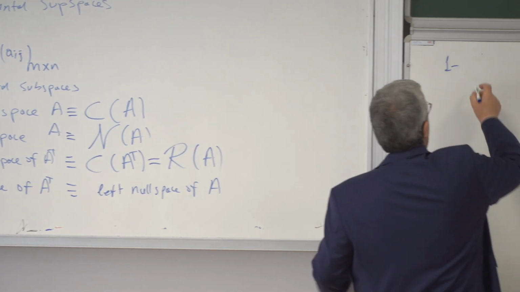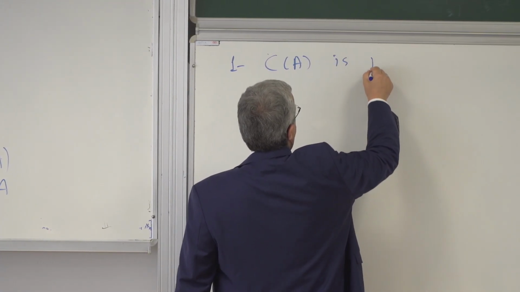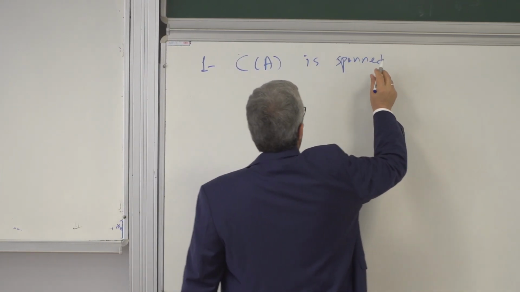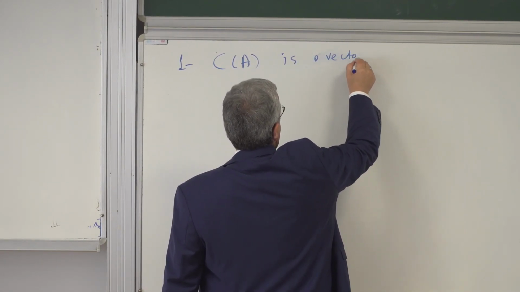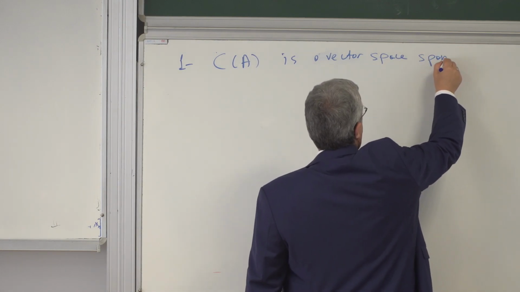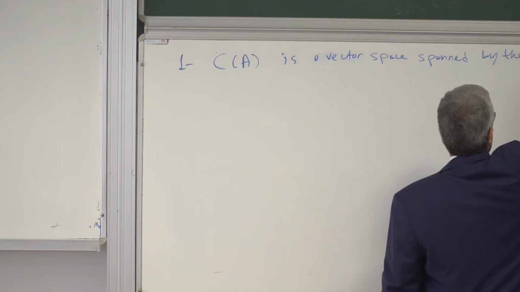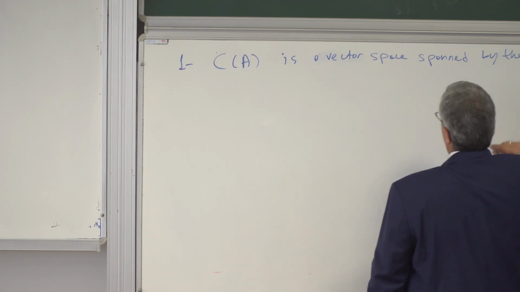So column space of A is a vector space spanned by the columns of A. Okay?